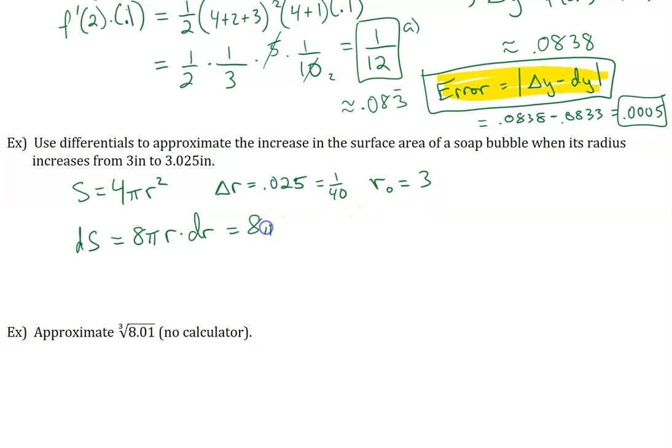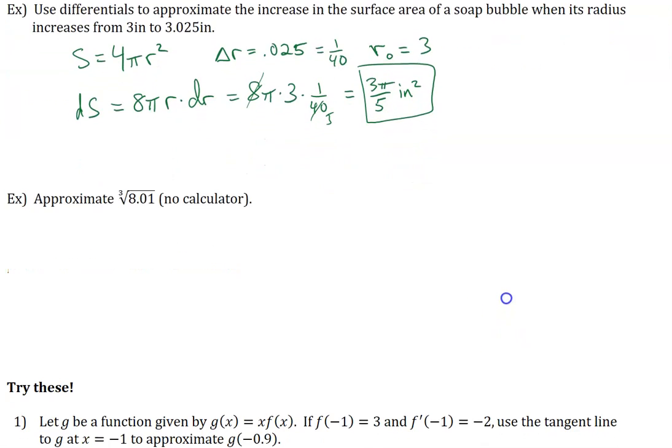So that's 8 pi times 3 times 1/40, okay? And then we get 3 pi over 5. And since that is a change in surface area, the units in this case are inches squared. And I'm not sure what that comes out to be, probably like 1.8-ish or something, but we can just stop right here. Okay, so that's the approximate change.